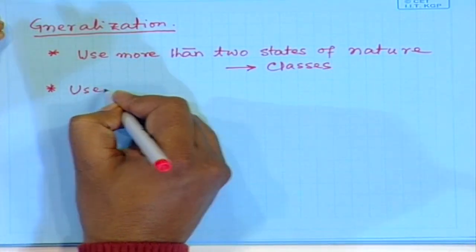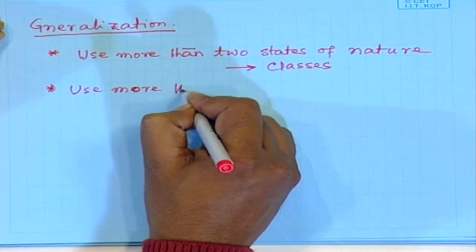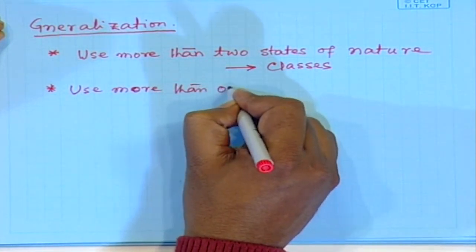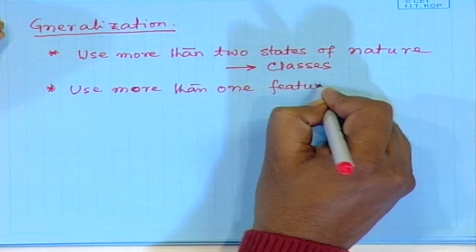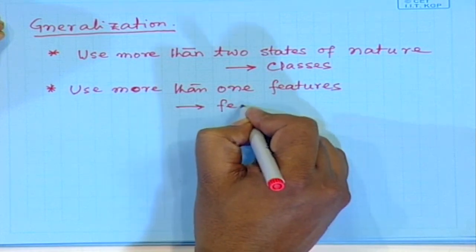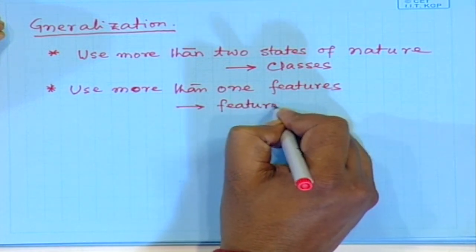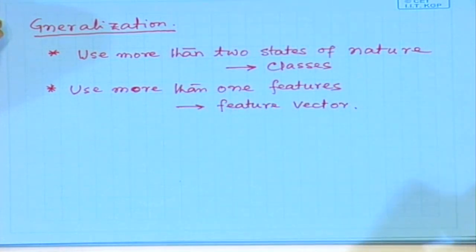So, use more than one feature, that means we are going for a feature vector.